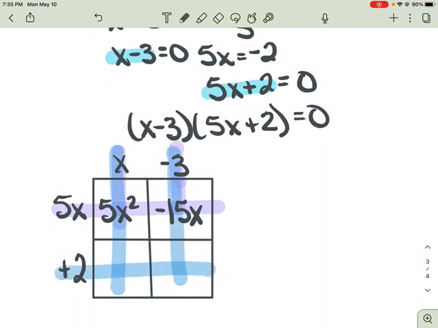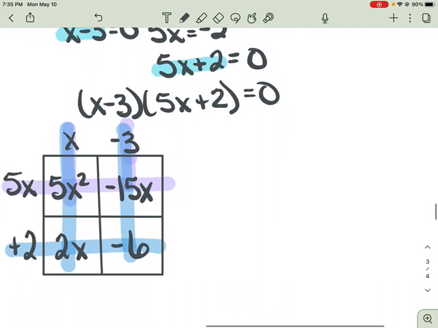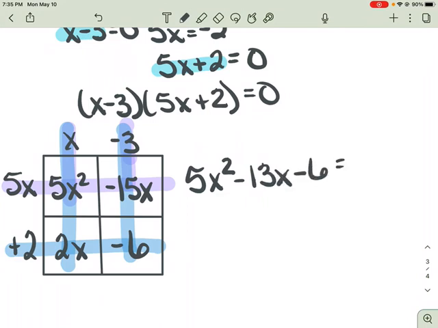Okay, so x times 2, or negative 3 times 2. So we're going to get 5x squared, and we're going to be able to add the x's, so that's negative 13x minus 6. So there is your solution.